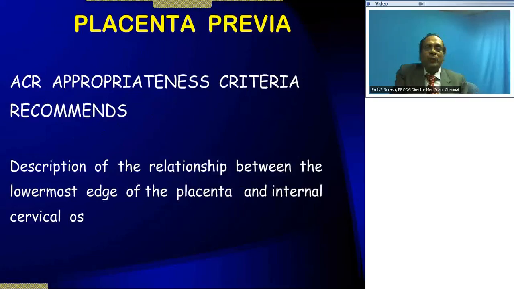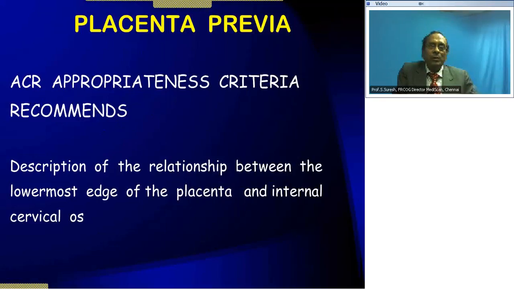Next we go to placenta previa, where the American College of Radiology appropriateness criteria recommend describing the relationship between the lowermost edge of the placenta and the internal cervical os. I think this is quite important.